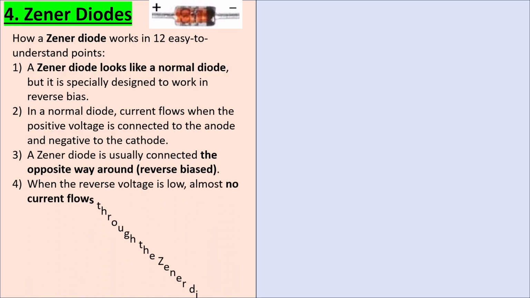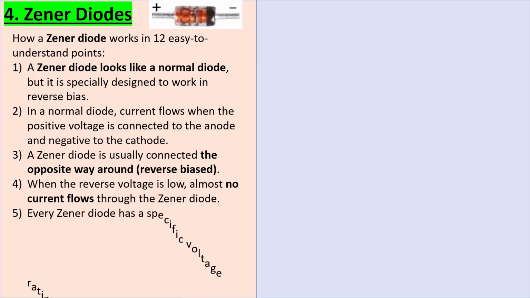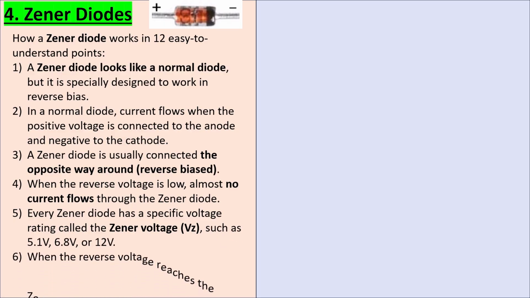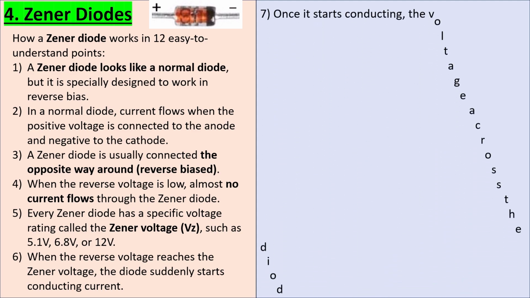When the reverse voltage is low, almost no current flows through the Zener diode. Every Zener diode has a specific voltage rating called the Zener voltage, VZ, such as 5.1 volts, 6.8 volts, or 12 volts. When the reverse voltage reaches the Zener voltage, the diode suddenly starts conducting current.